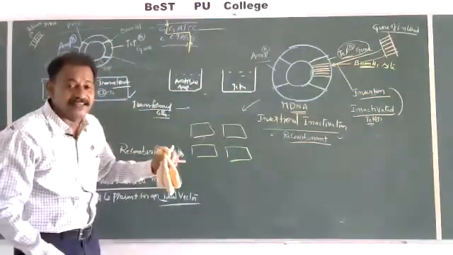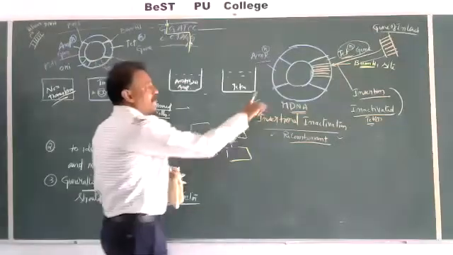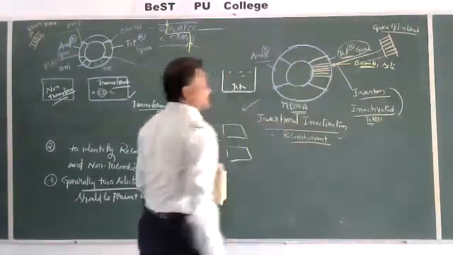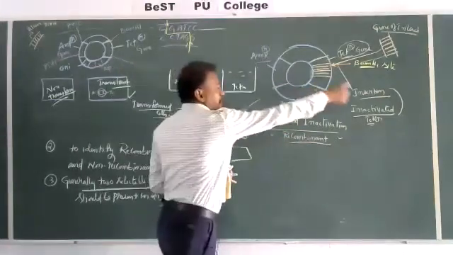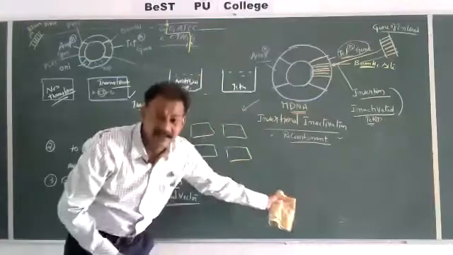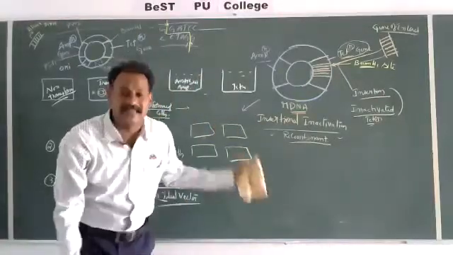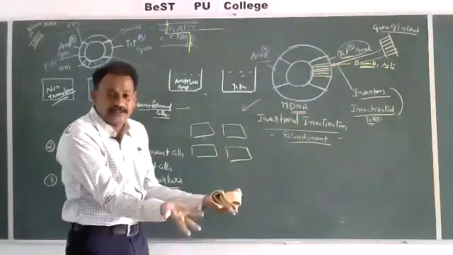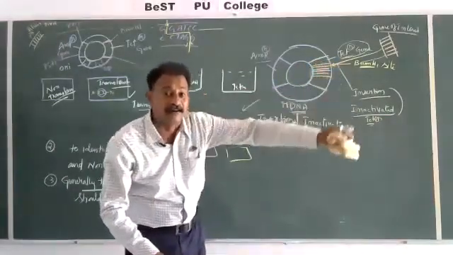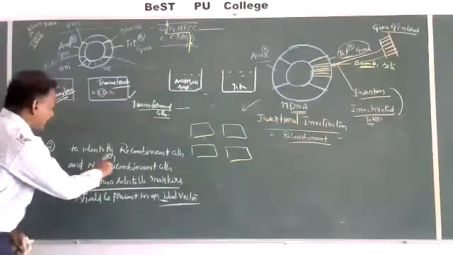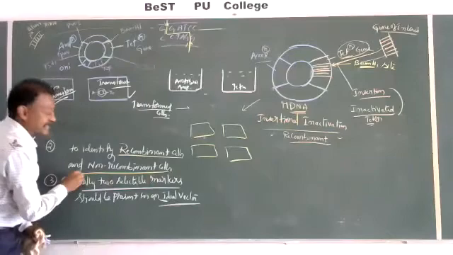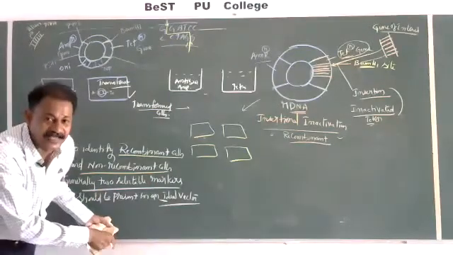The bacterial cells which contain recombinant DNA pieces are called recombinants, and the bacterial cells which do not possess the recombinant gene are called non-recombinants. See here, to identify recombinant cells and non-recombinant cells, selectable markers are used.